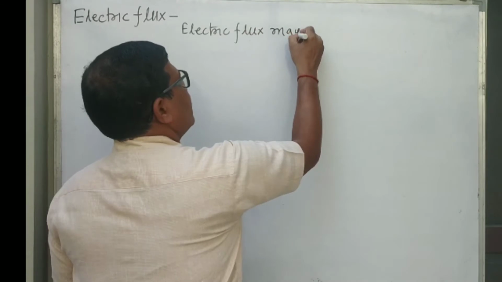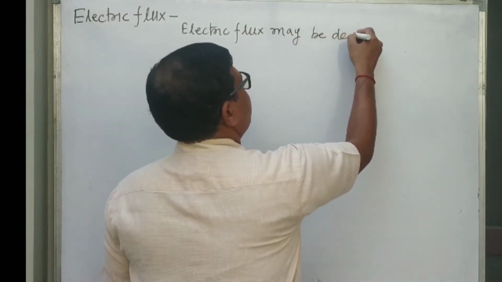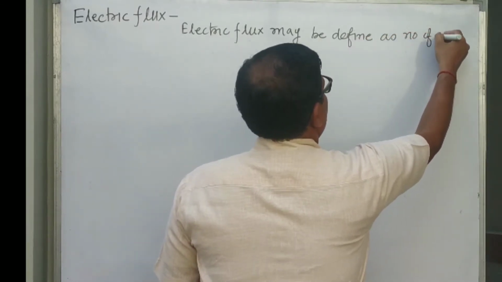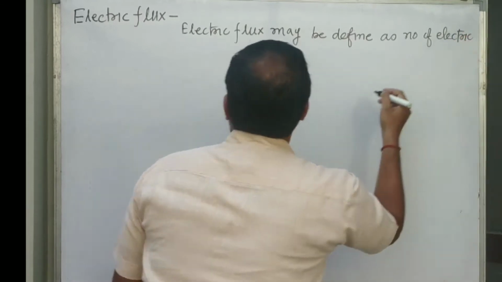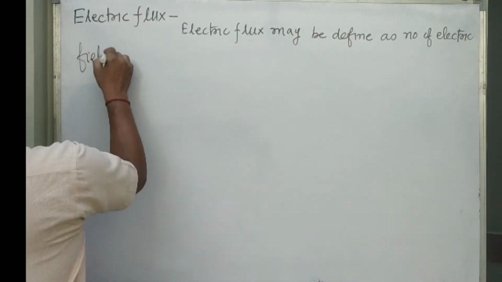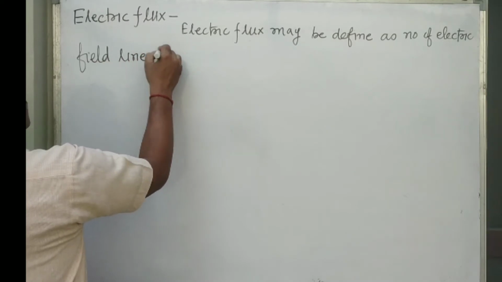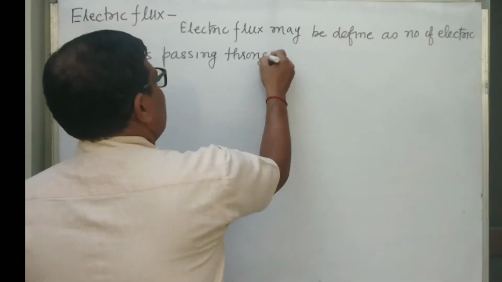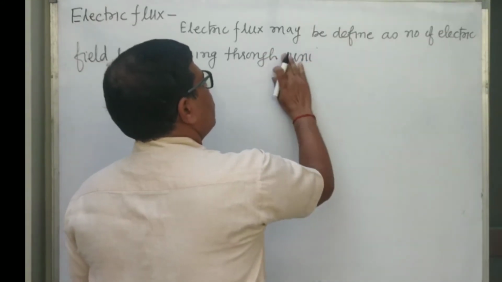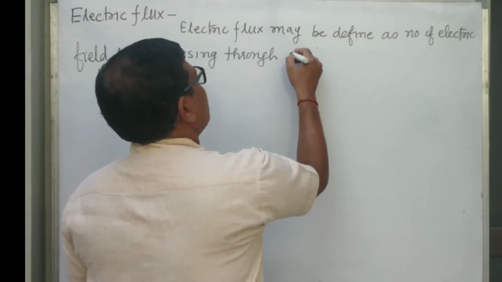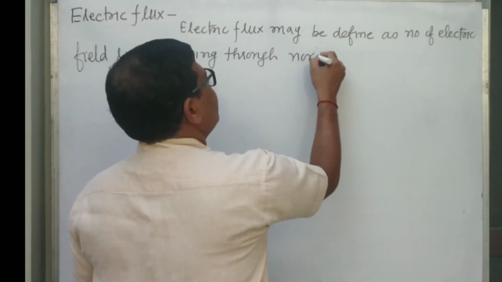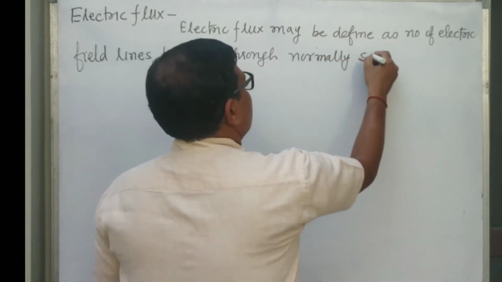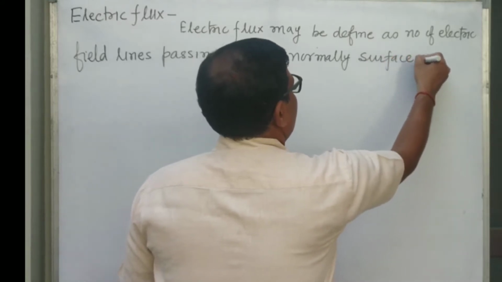Electric flux may be defined as the number of electric field lines passing normally through a surface area.